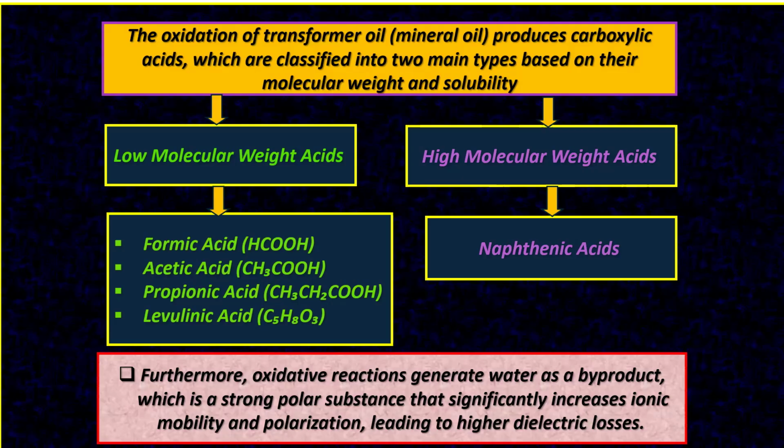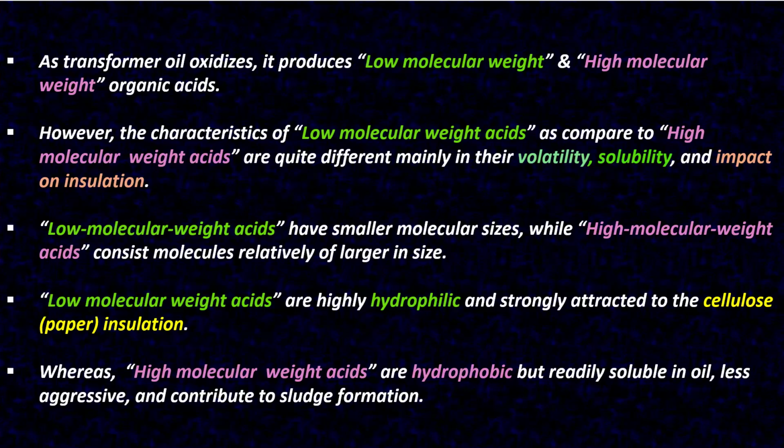Furthermore, oxidative reactions generate water as a byproduct, which is a strong polar substance that significantly increases ionic mobility and polarization, leading to higher dielectric losses. As transformer oil oxidizes, it produces low molecular weight and high molecular weight organic acids.